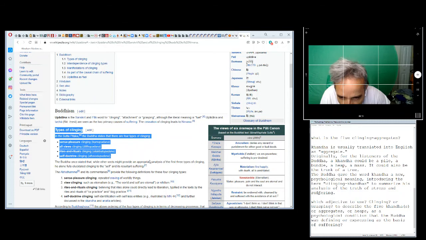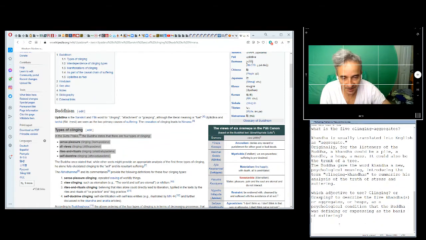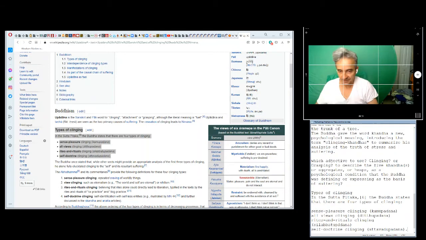And the Nidana Sumyata, connected discourses on causation. Okay. Okay, going back over here. Wow.